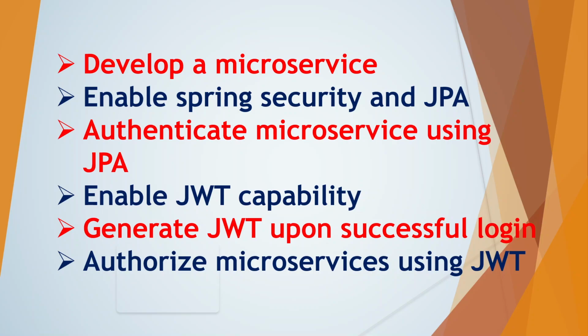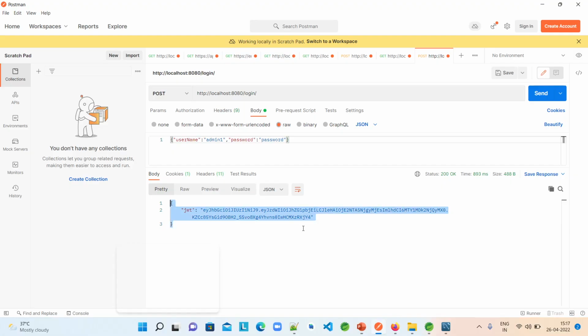So for each subsequent request, we have to get the authorization, right? We have to get the JWT token from the authorization and validate whether the user is authorized to invoke that particular request or not. Okay, now let's do that.